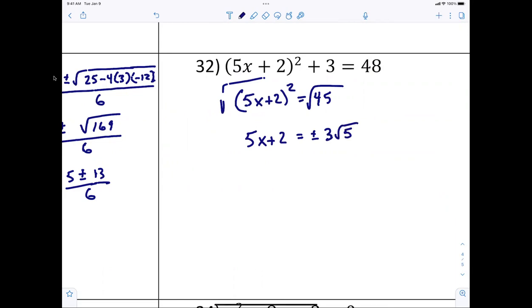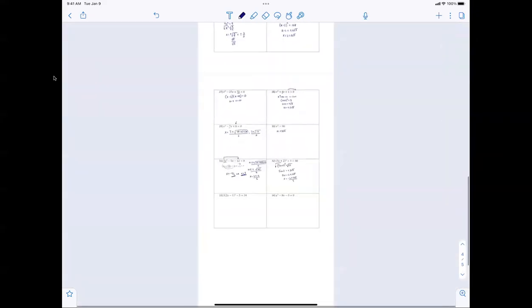Now minus the 2. 5x equals -2 plus or minus 3 radical 5. Divide by 5. -2 plus or minus 3 radical 5, all over 5. Very easy. Any issues with that? That's pretty important, guys, believe it or not. All right, 2 more to go.